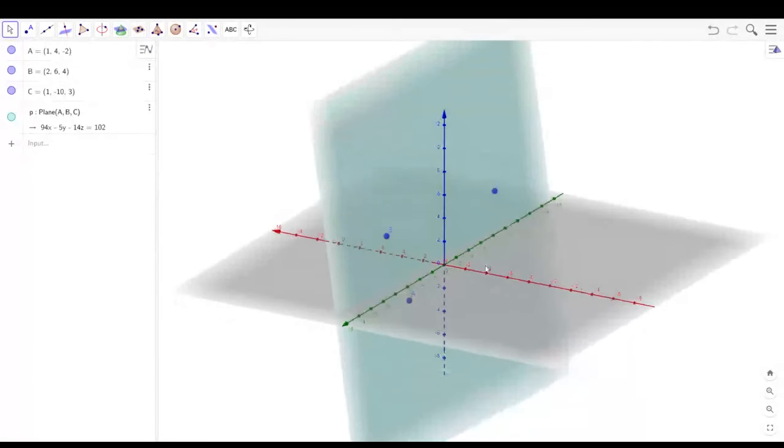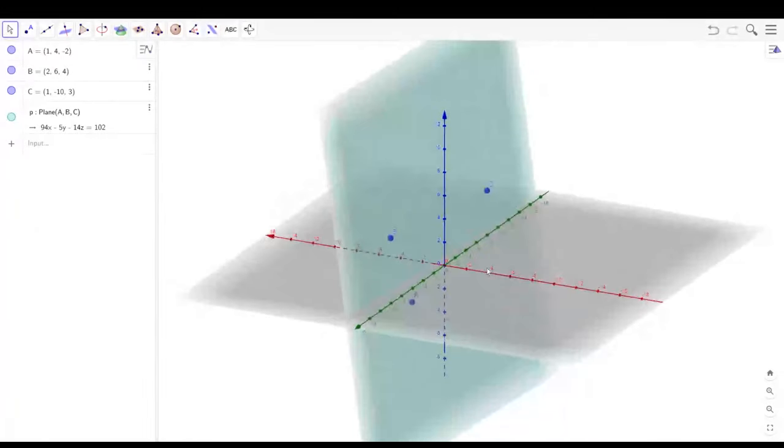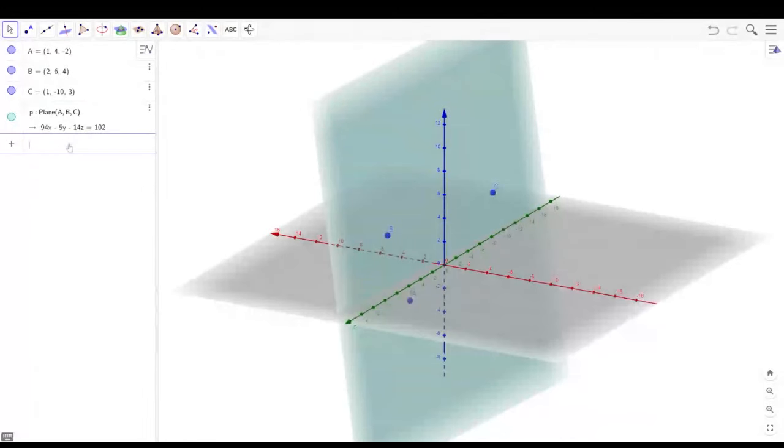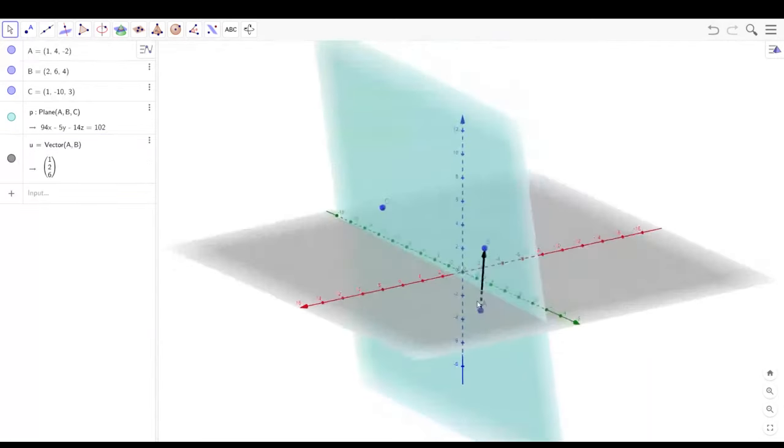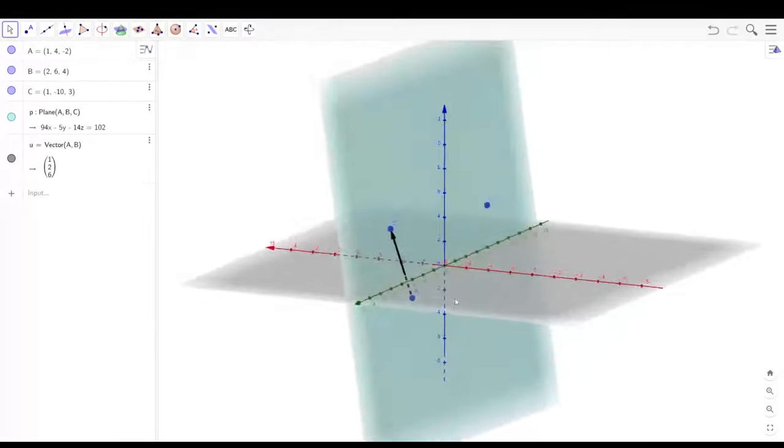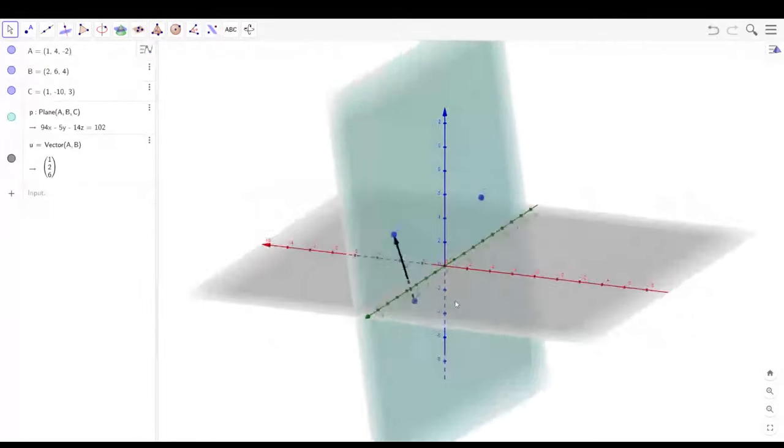Here we go. All right, so you should be able to see that now. So let's say I let U be the vector from A to B. You can see there I've got the vector joining that point. That vector is also parallel to the plane.